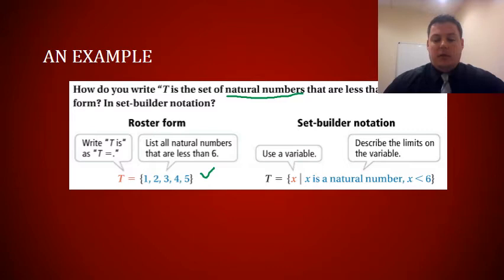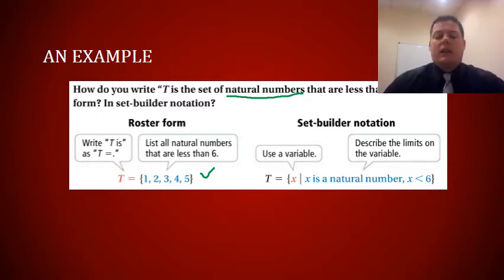However, set builder notation allows us to write it in a way that includes everything with a restriction. So here it says x, which is the variable, such that x is a natural number, but, which is the comma, x has to be less than 6.